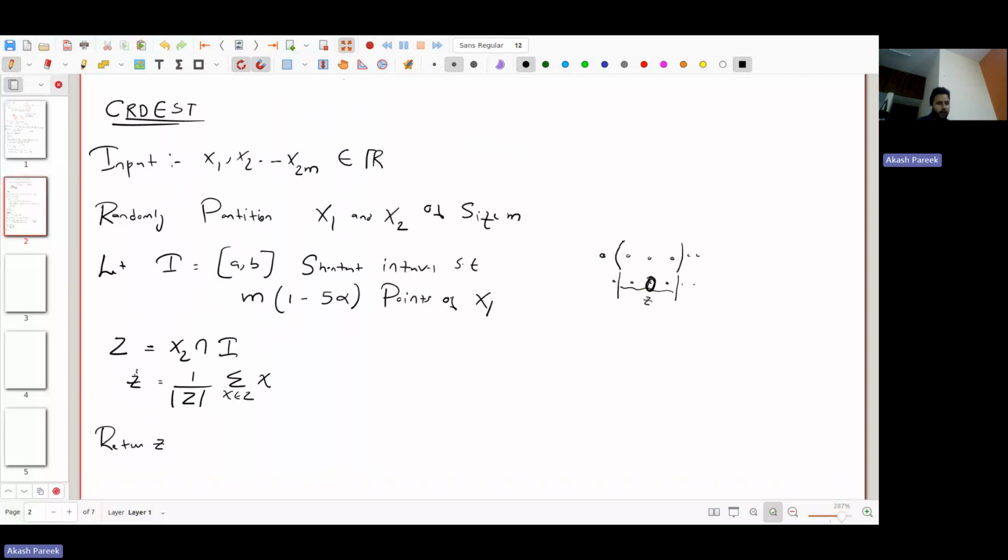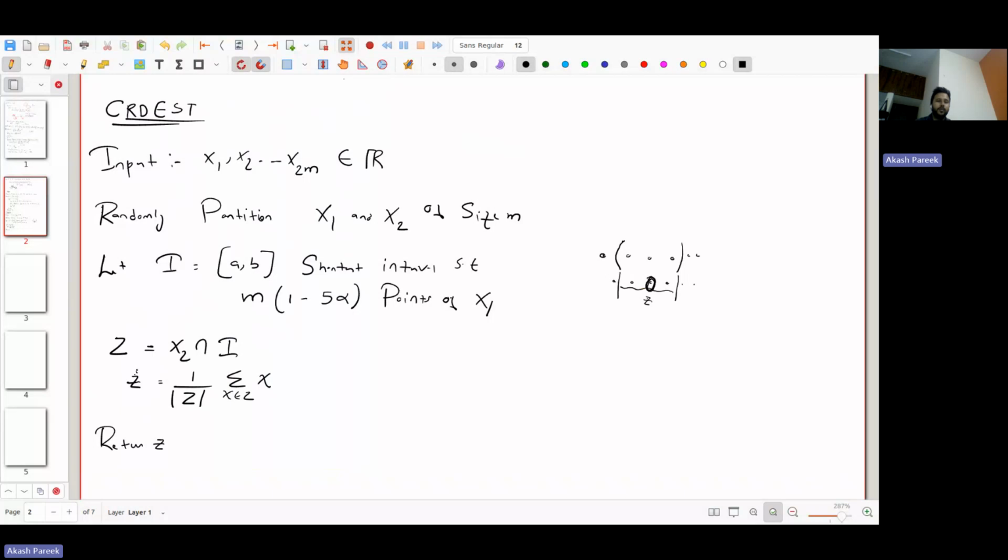Let's do this for all dimensions. Our claim is that this is a pretty good approximation of the true clustering. So this is what the algorithm is.